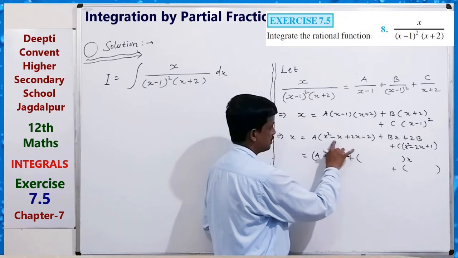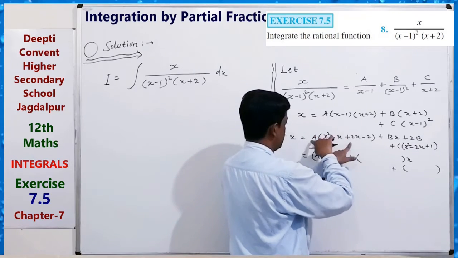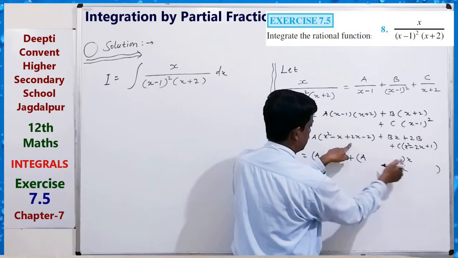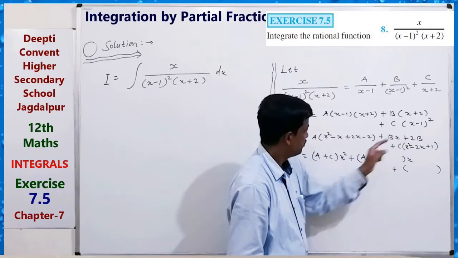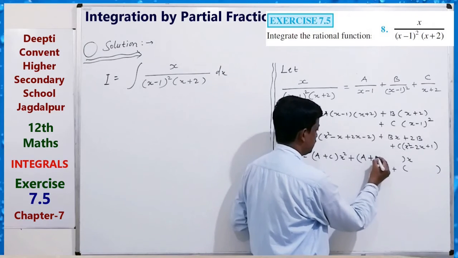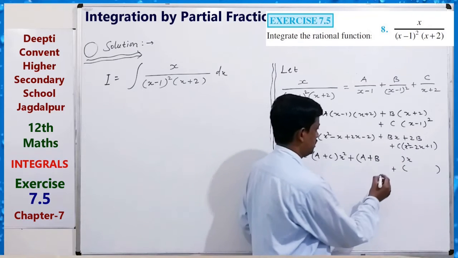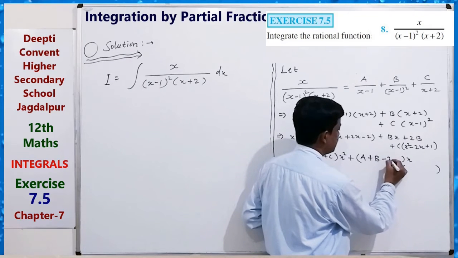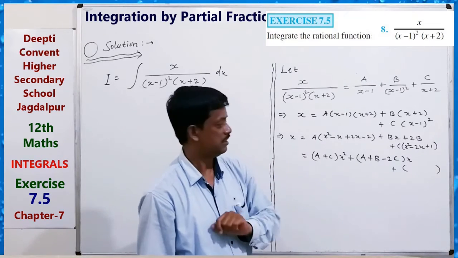Here 2x minus x into a, so a, clear? Here bx, so also plus b. Here minus 2x, so minus 2c. A plus b minus 2c.